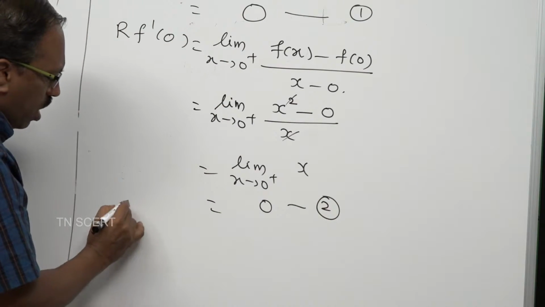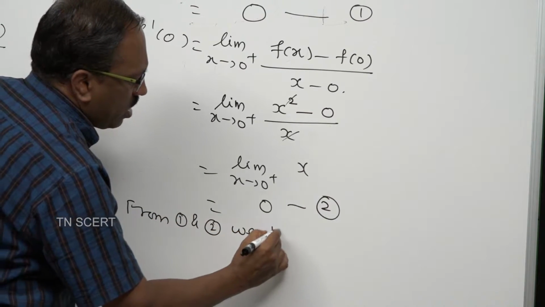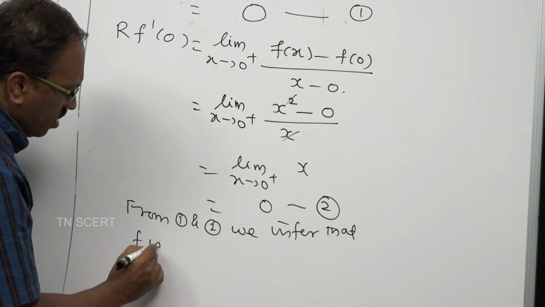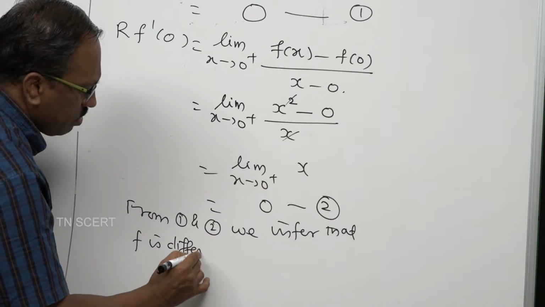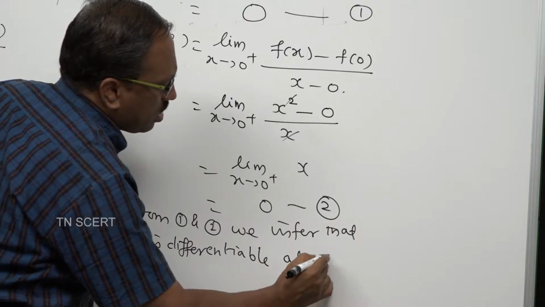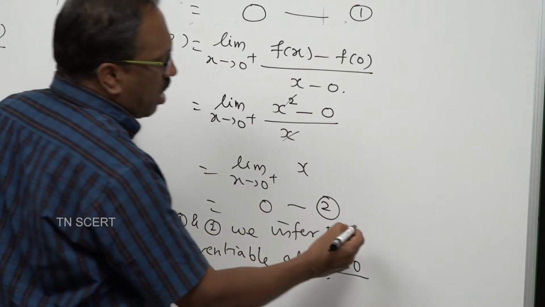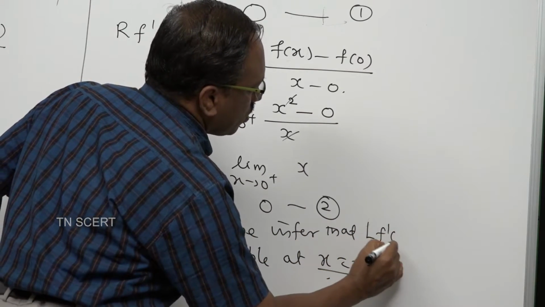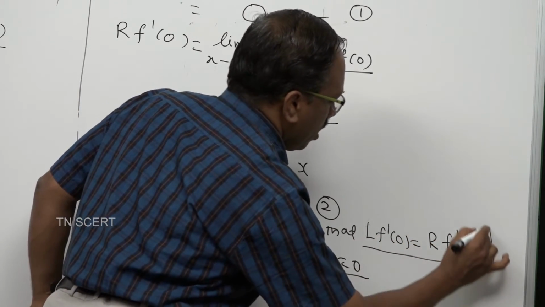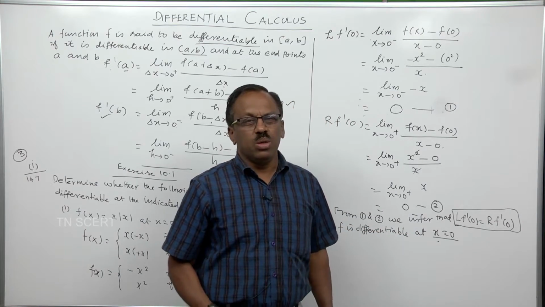So, from 1 and 2 what do you understand? We infer that f is differentiable at x is equal to 0. Remember that, if both values give the same answer, L of f dash of 0 equal to R of f dash of 0, that means f is differentiable at x is equal to 0.